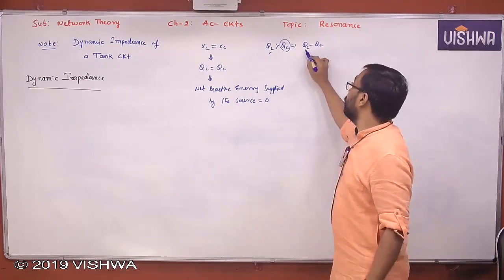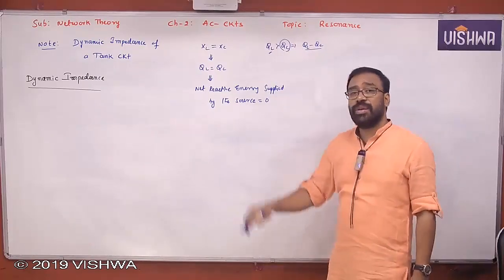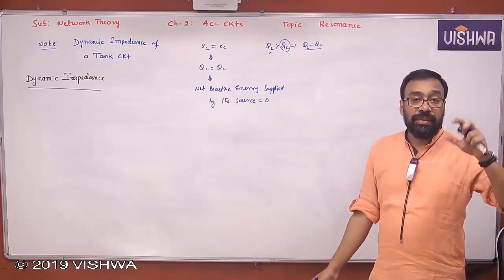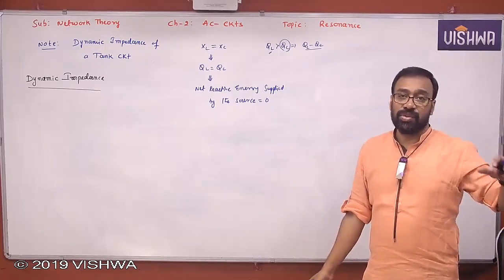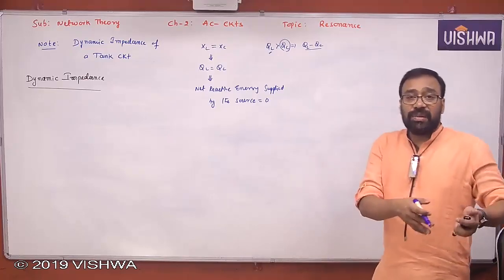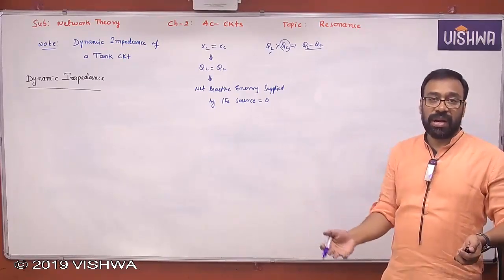How much? QL minus QC, the remaining part. Similarly, when QC is greater than QL, QC minus QL is the remaining reactive power demand to be met by the source. But when QL is equal to QC, the inductive reactive power demand is met by the capacitive reactive power, and the capacitive reactive power demand is met by the inductive reactive power.